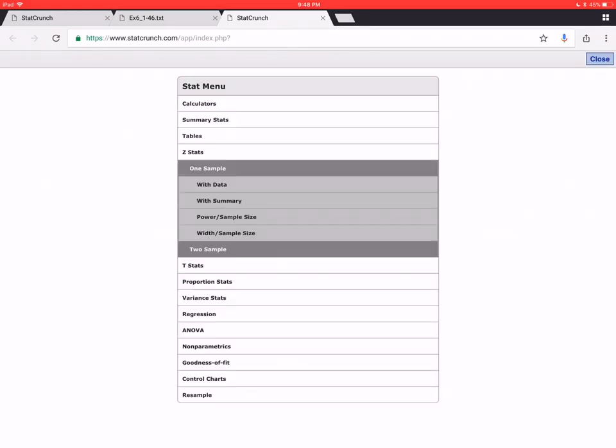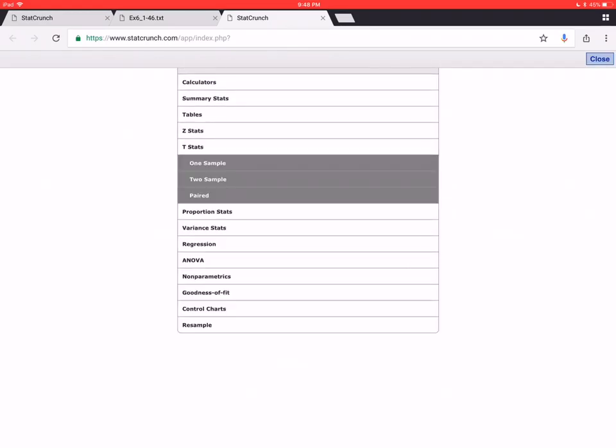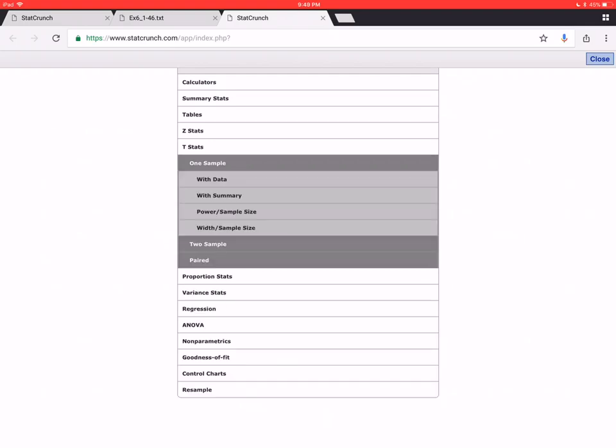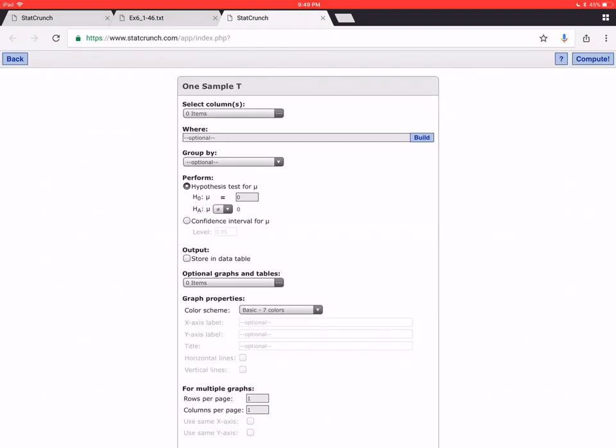Stat. Again, this is going to be T-Stats, because we don't know the value of sigma. One sample. And I'm going to construct this with data because I've loaded the values. So just like I did for Z, I'm going to tell it this is where I've placed my data. I'm going to select confidence interval.